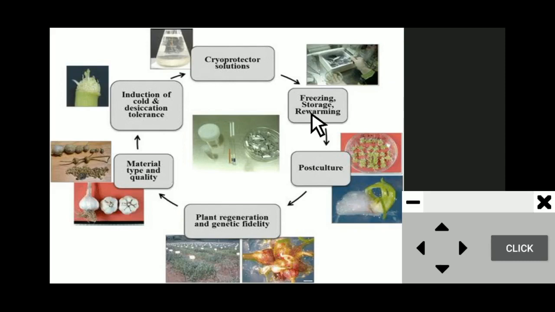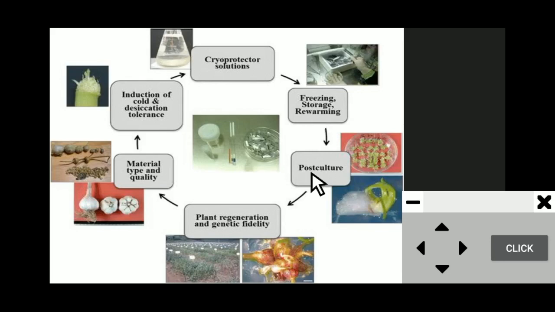Thawing is carried out at a temperature between 37 to 45 degrees Celsius. Soon after thawing, the samples are transferred to a water bath at 20 to 25 degrees Celsius. This transfer is necessary since the cells get damaged if they are left for a long time at a warm temperature like 37 to 45 degrees Celsius in the water bath.